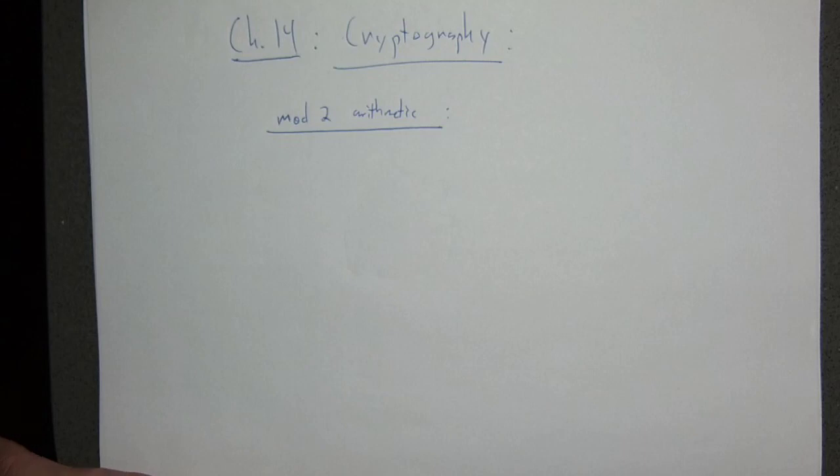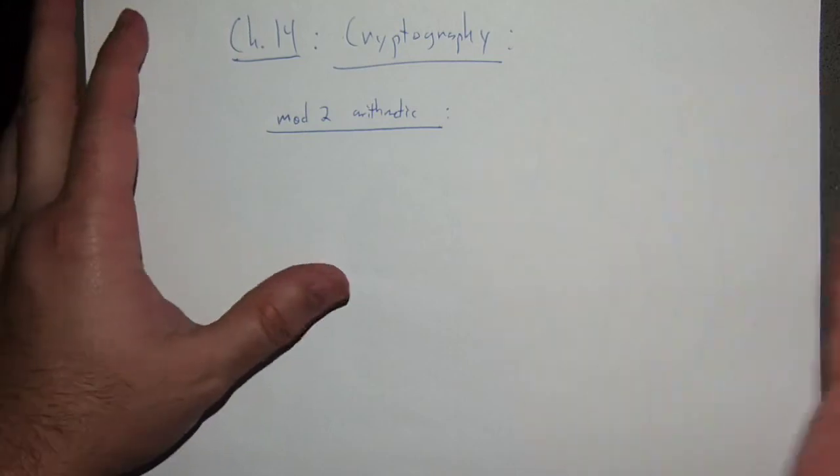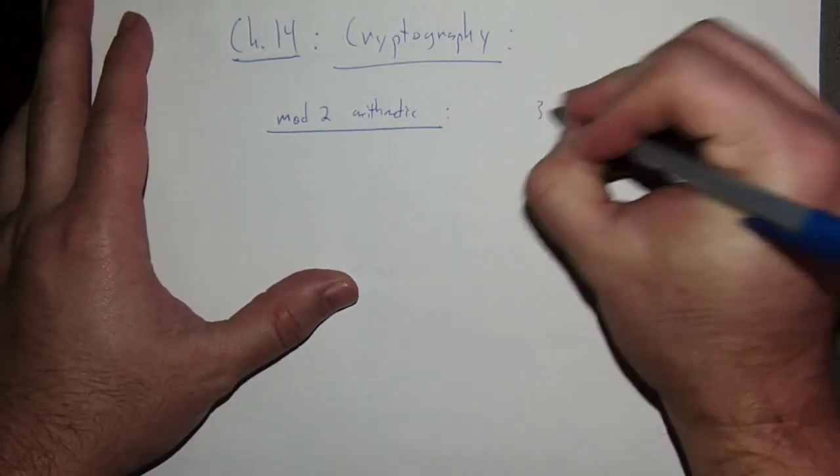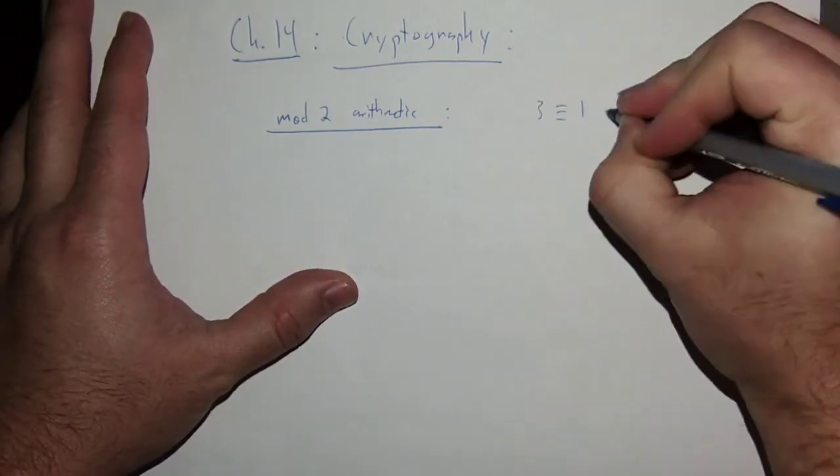If you get remainder 0, that number's even, so that's called being congruent to 0 mod 2. And if you get remainder 1, then that number's odd, so that's called congruent to 1 mod 2. For instance, 3 is congruent to 1 mod 2.